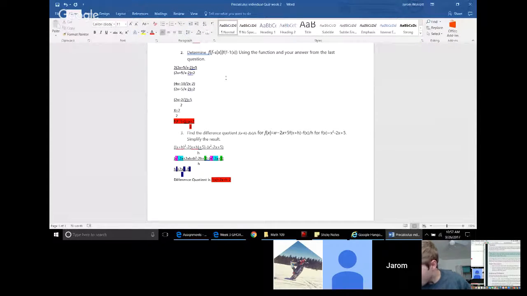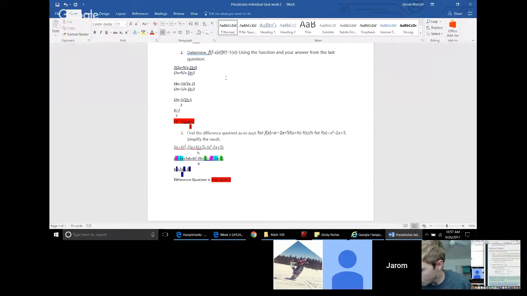This will be x squared plus h squared plus 2x plus 2h plus 2xh. And then you've got 2x plus 2h on the other side. And then plus 5. And all of the x squared minus 2x plus 5 cancels out.